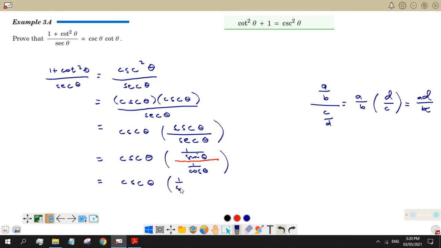We have 1 over sine theta times cosine theta over 1. Let's simplify. 1 times cosine theta, we have cosine theta. Sine theta times 1, we have sine theta on the denominator.